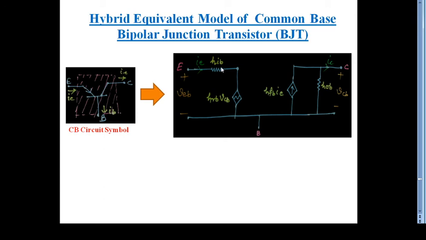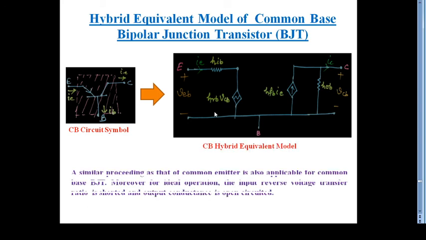For common base, HIB is the input impedance, HRB the reverse voltage transfer ratio, and the output voltage is VCB. HF, initially it was E, now it is B, and IE, the emitter current. And HOB. Clear?